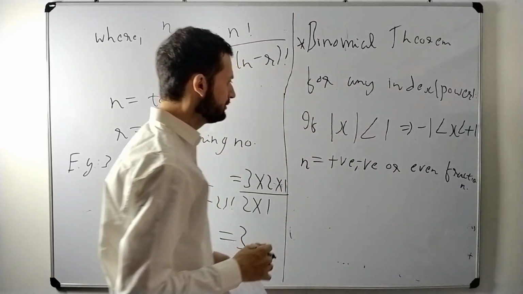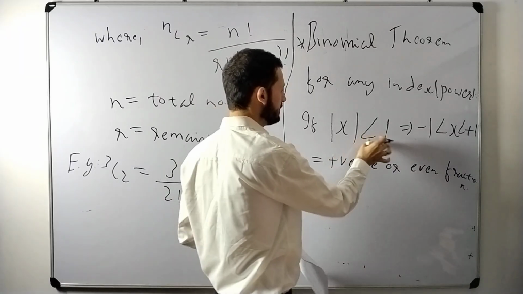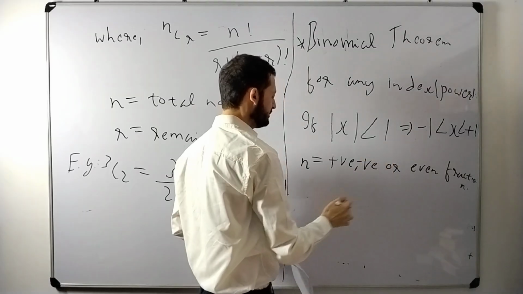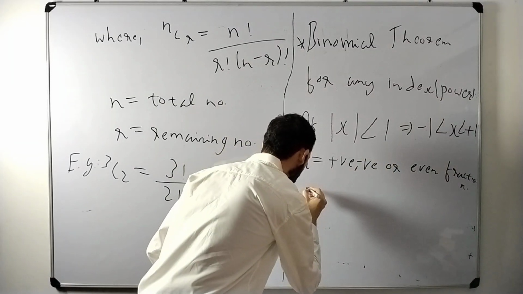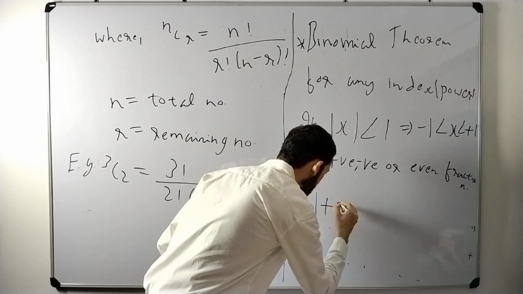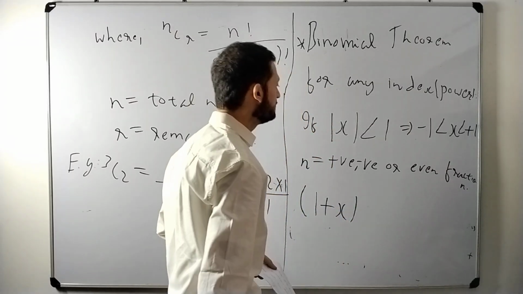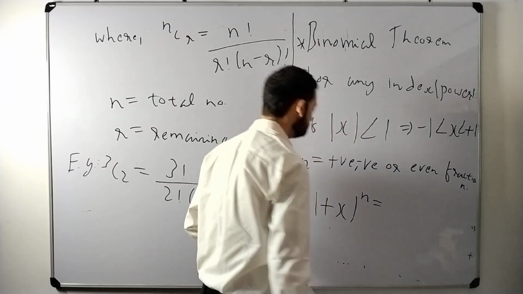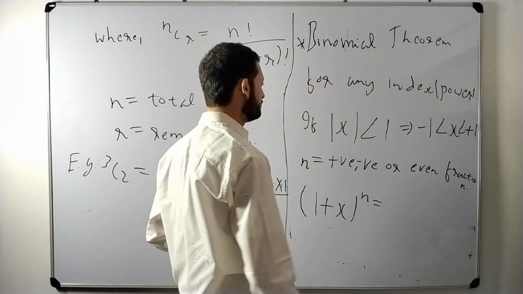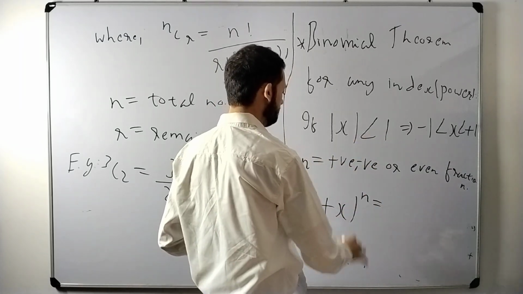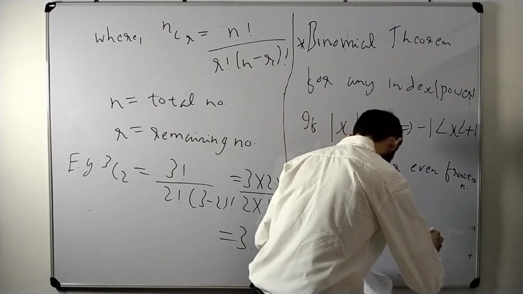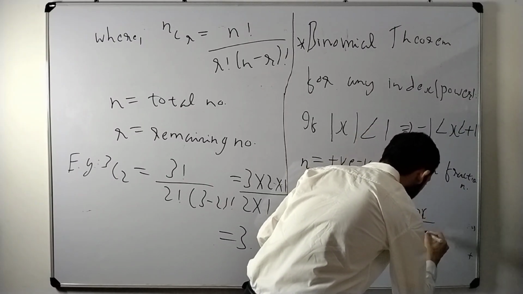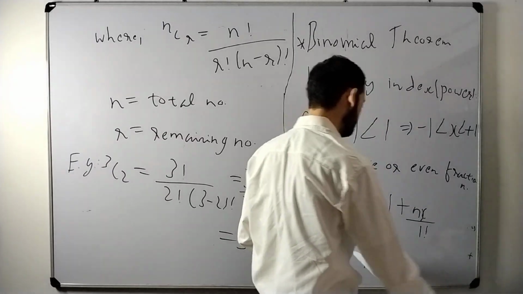So you see, 1 is being compared to x. If I take in the formula 1 as x, then y should be taken as x, and the formula of (x plus y) to the n becomes 1 plus nx. Right, students?